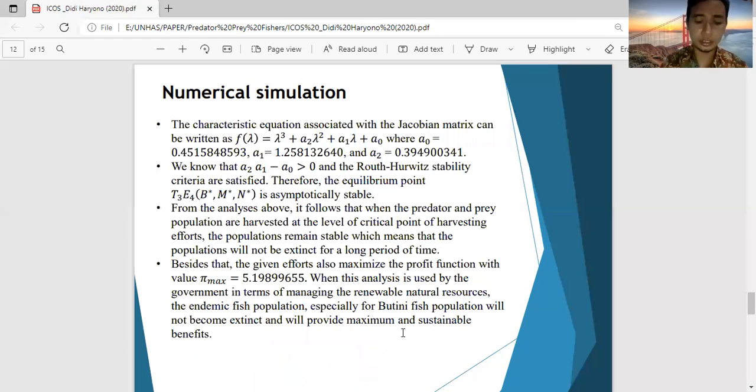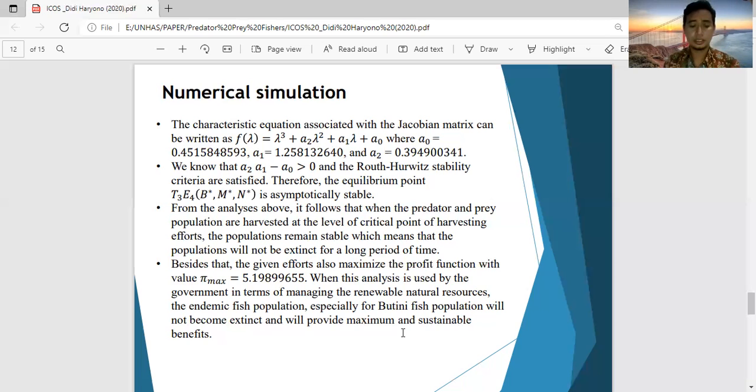The associated Jacobian matrix at this equilibrium point gives the characteristic equation F lambda equals lambda, etc. So by the Routh-Hurwitz stability criteria, the equilibrium point T3 F4 is asymptotically stable.